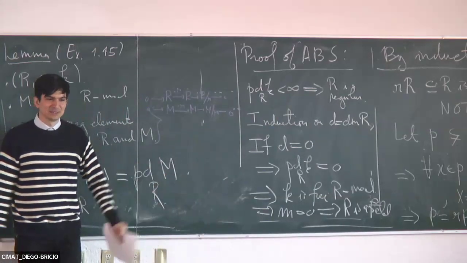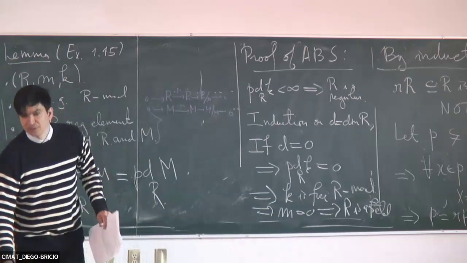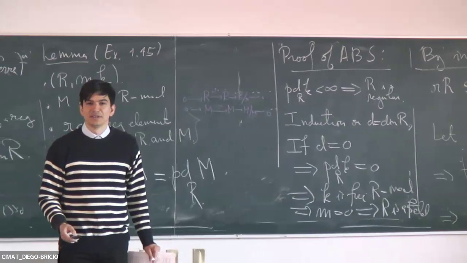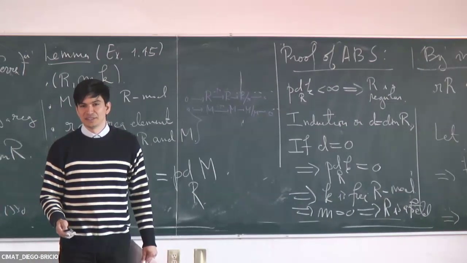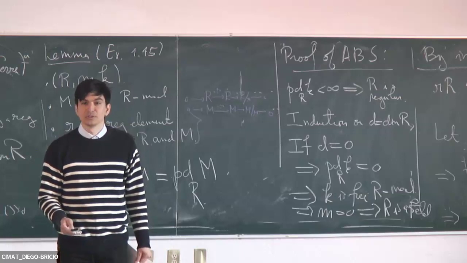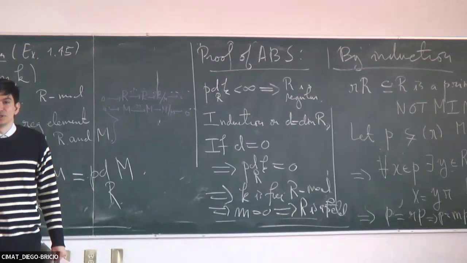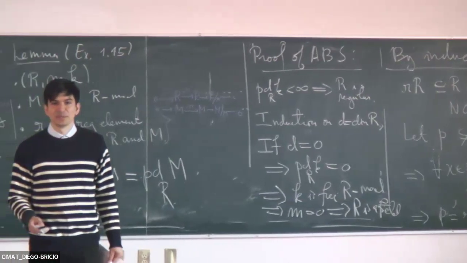The maximal ideal is 0, so it's generated by the empty set, right? So it's generated by 0 elements, which is the dimension. So that's why fields are regular, I suppose. Okay, any question with that step?